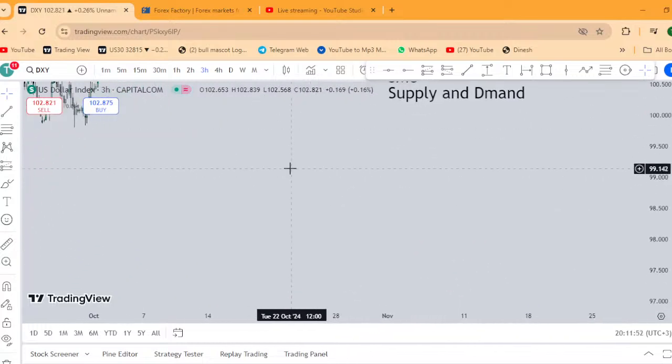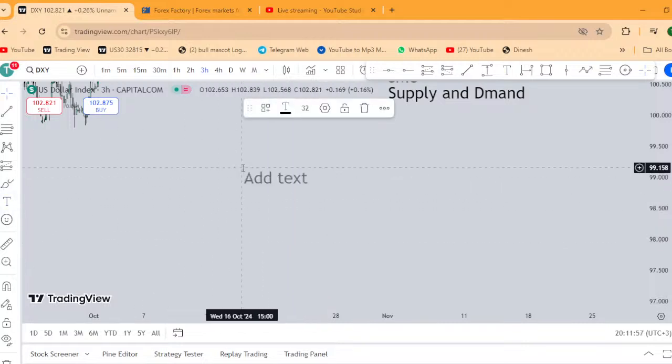Personally, I believe that the market moves in two ways. The market will consolidate, or it will expand. The market can correlate or expand.